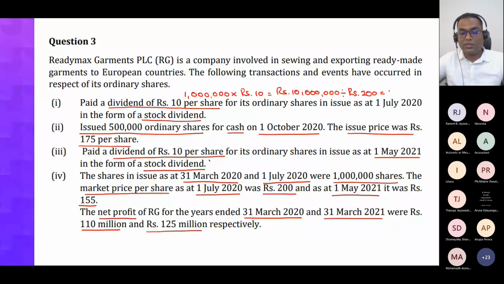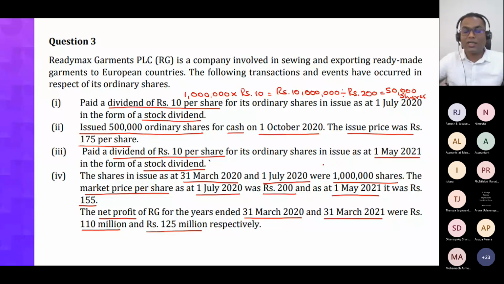So how many shares to be issued? 10 million divided by 200. How much? 10 million divided by 200. 50,000 shares have been issued as stock dividends. Number of shares will increase, but without corresponding change in the resources.